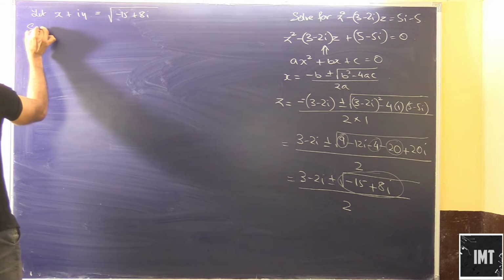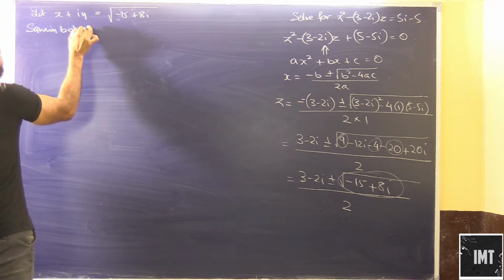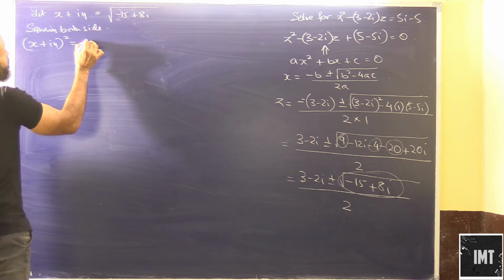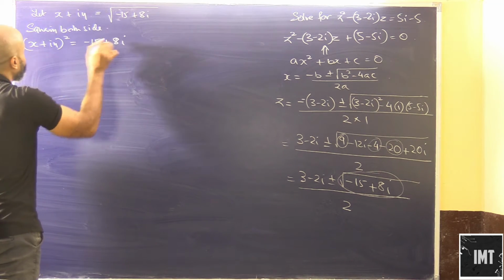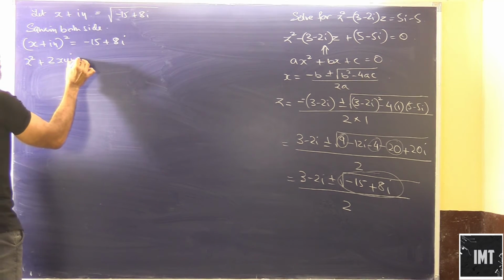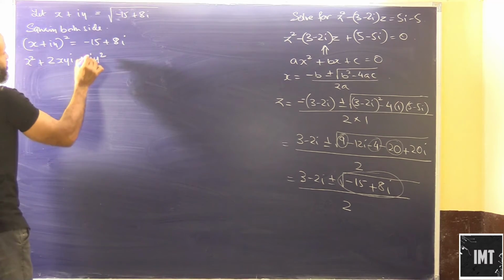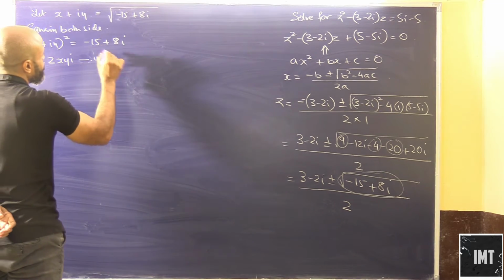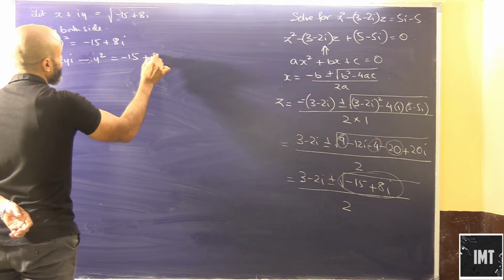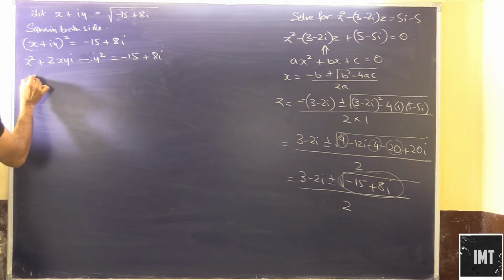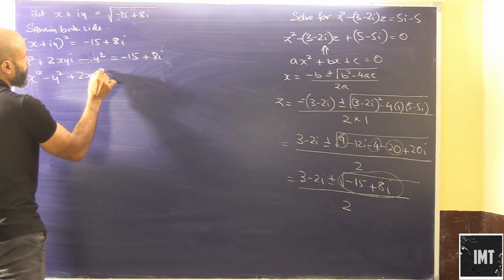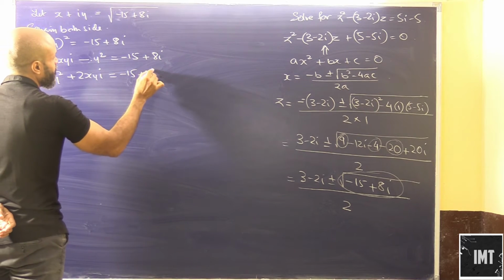Now squaring both sides, what do we get? (x plus iy) square is equal to minus 15 plus 8i, that will be x square plus 2xyi plus i square y square, that will be minus y square. So here we can say x square minus y square plus 2xyi is equal to minus 15 plus 8i.